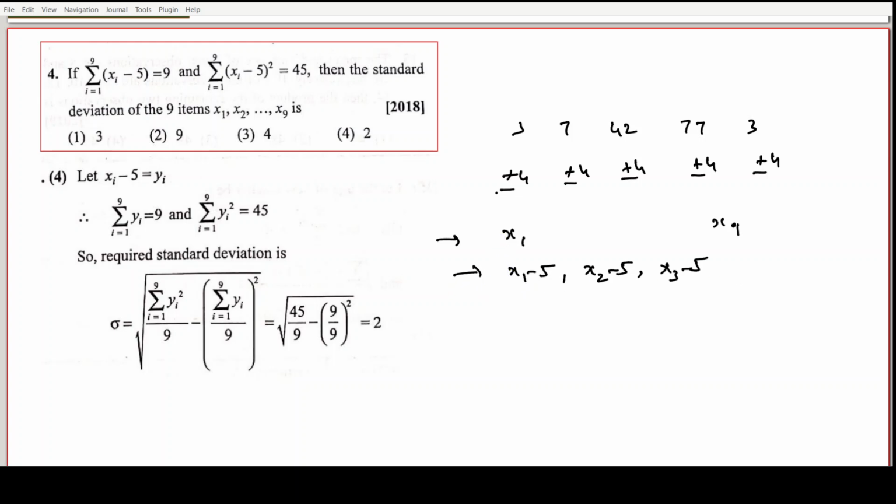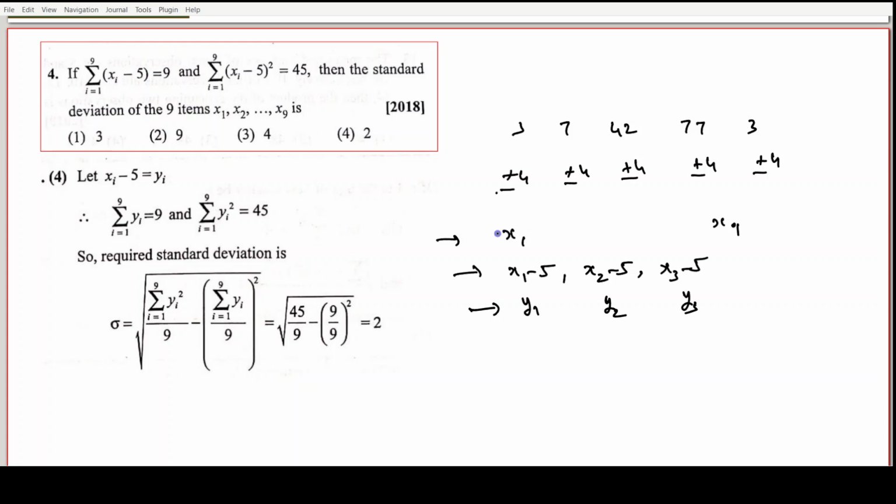Because some details about this data are given, let us use that and calculate the variance of this data itself. Let us call all of this y1, y2, y3, just for simplicity. Now, sigma of yi equals 9, which is already given. Sigma of yi square equals 45, that is also given. Now, the variance of y should be equal to the variance of x's.